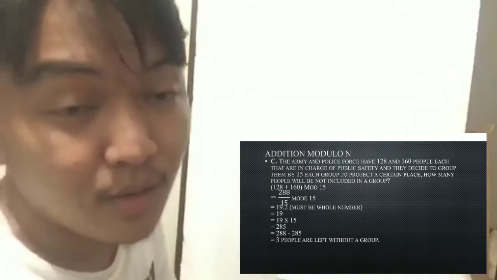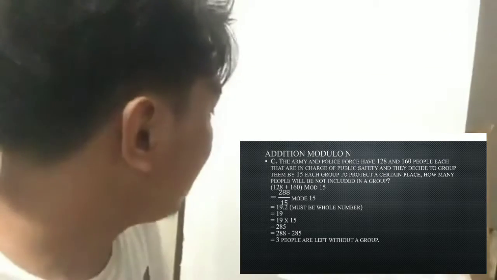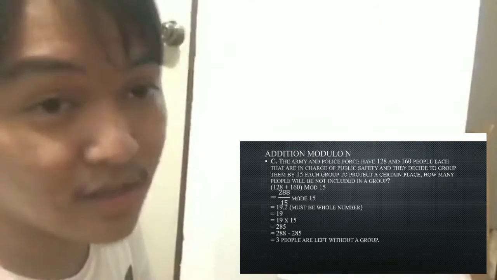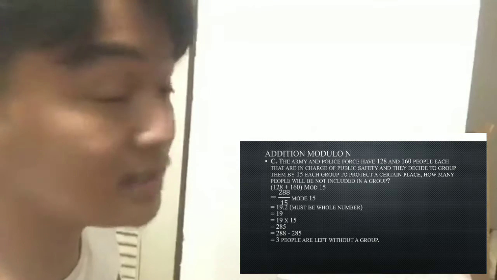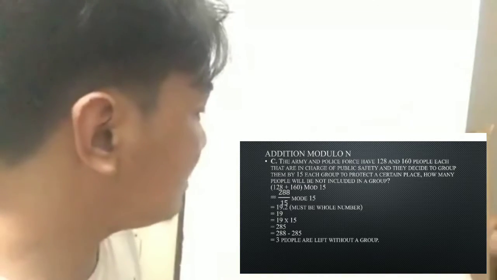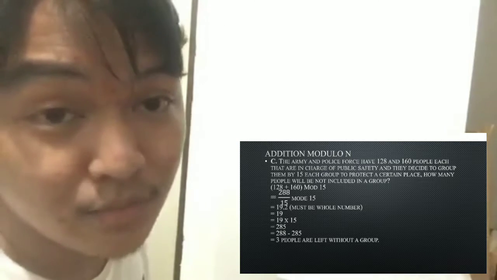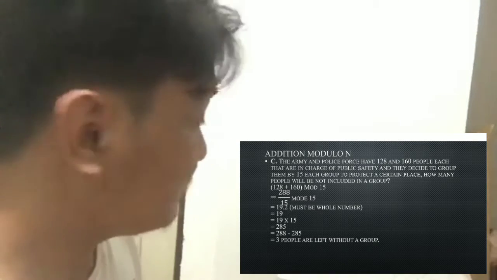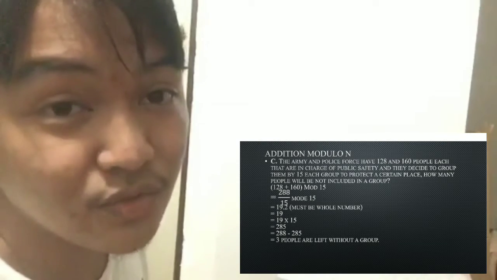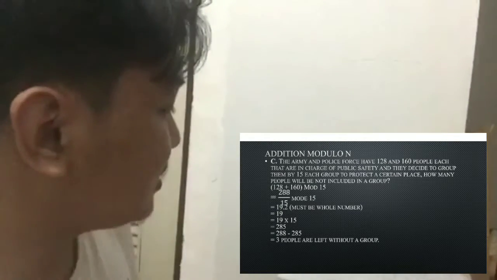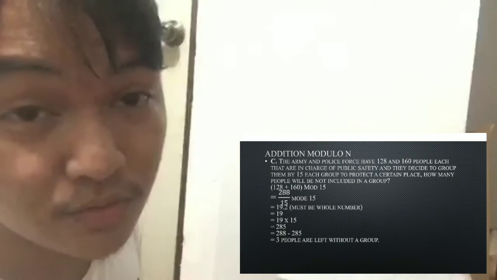So, A plus B equals 128 plus 160, which is equal to 288, divided by mod 15, and the answer is 19.2. We'll only use the 19, and then 19 multiplied by the mod 15 is 285. 288 minus 285 is equal to 3, and the answer for this question is that 3 people are left without a group.